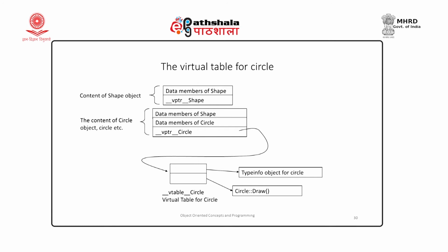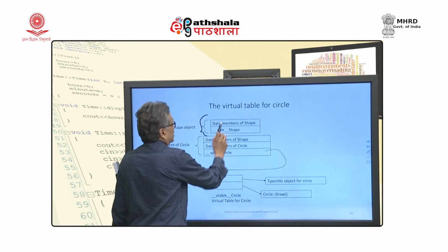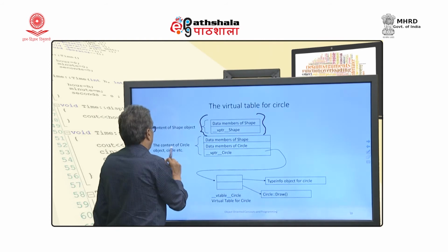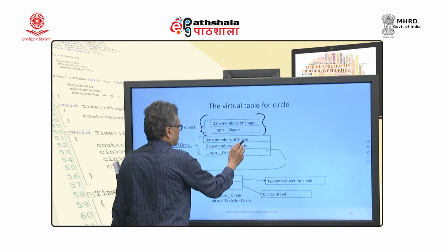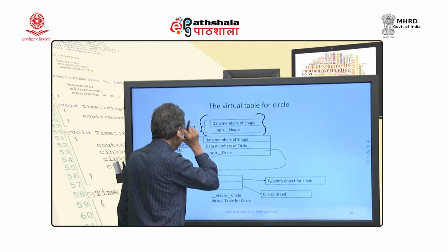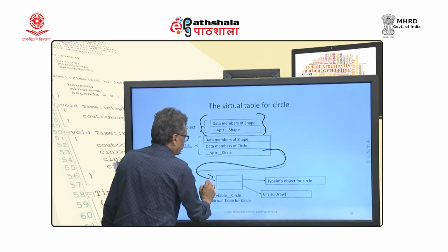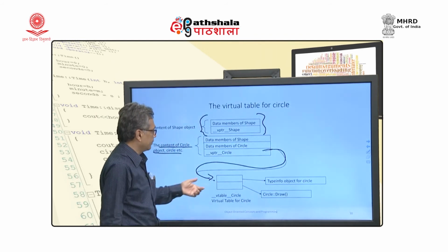So a virtual table for circle will look like this. The first part is the shape sub object, which contains data members of shape and the VPTR. The circle object will contain data members of shape, data members of circle, and then the VPTR circle. VPTR circle points to a virtual table, the V table for circle.